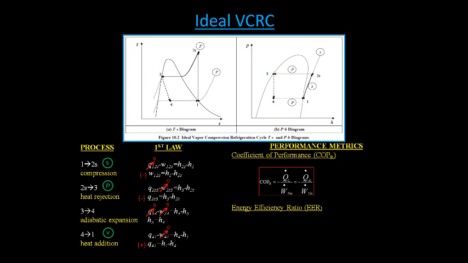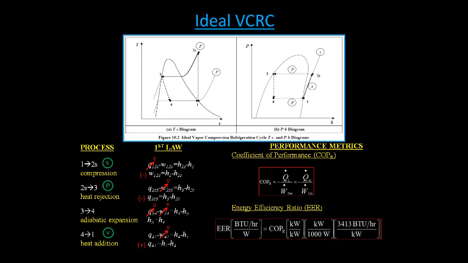The other performance metric we'll discuss today is the energy efficiency ratio, or a way to compare this cycle with other cycles. The energy efficiency ratio is given in units of BTU per hour divided by watts. That's how long it takes to cool a room off divided by the power put into the room.